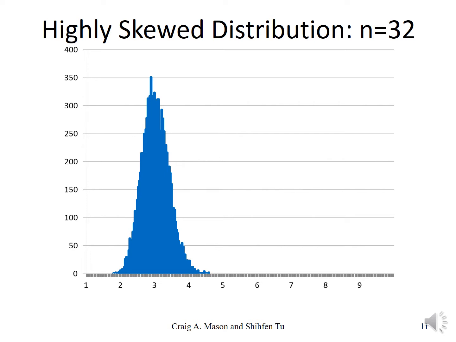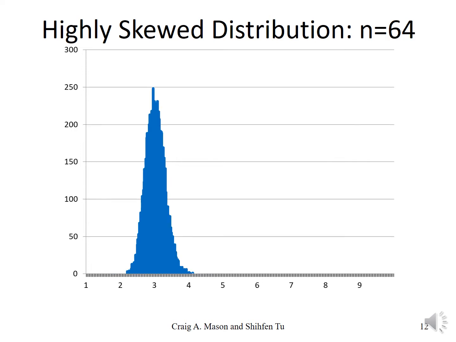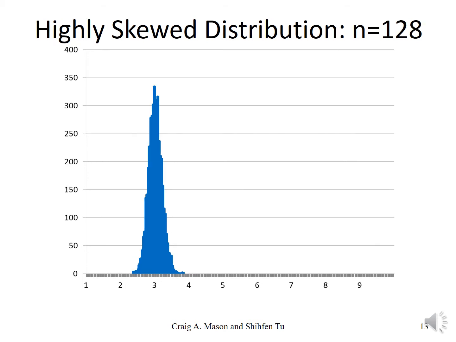So here's the distribution when n was 32. What does it look like at n equals 64? Here's 64. Now, how about n equals 128? Here's the distribution of 10,000 random samples with n equals 128.